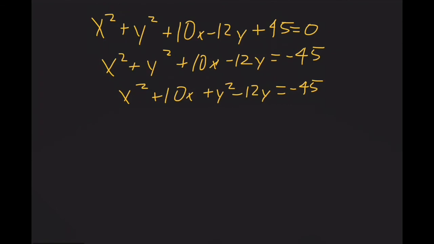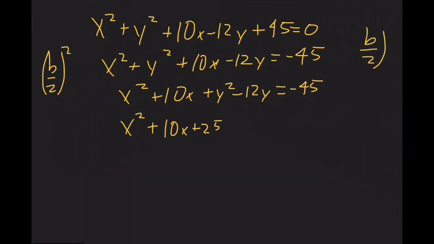So for x, (b/2)² would be (10/2)². So 10/2 is 5, and then 5² is 25. So x² + 10x + 25. Remember, you're also going to add 25 to the other side. But first, let's do the y portion.